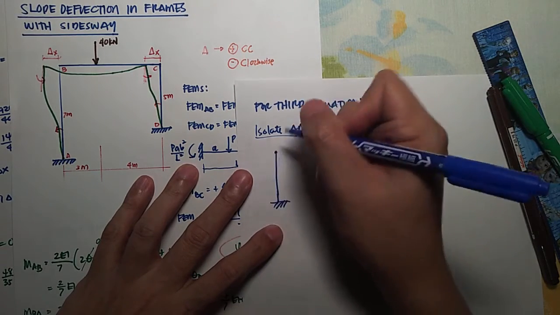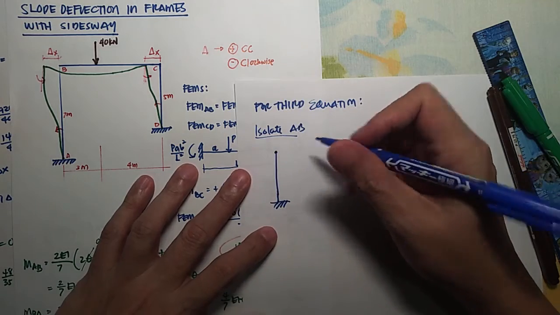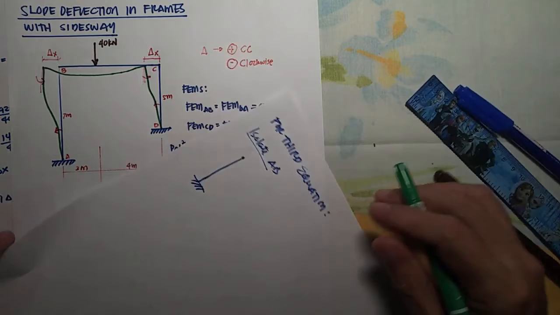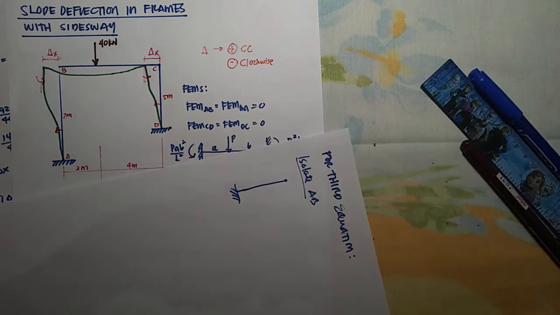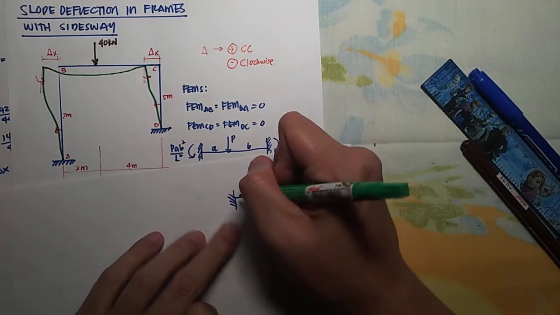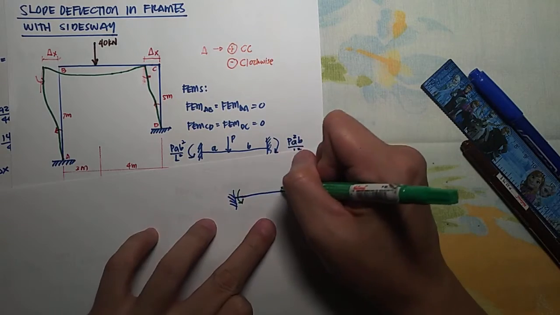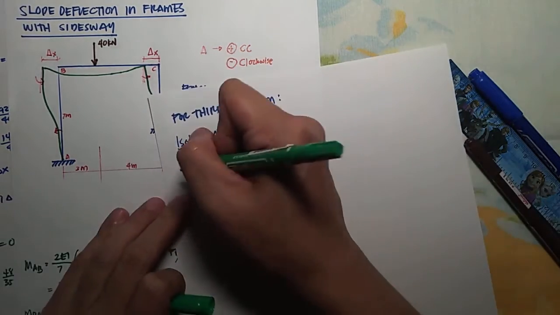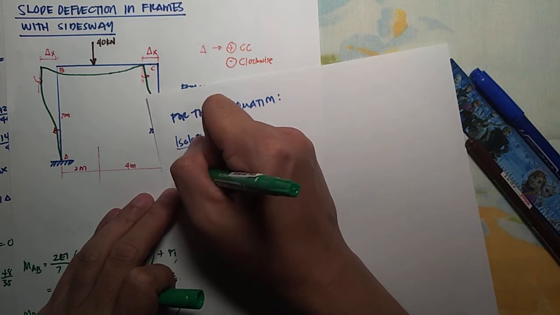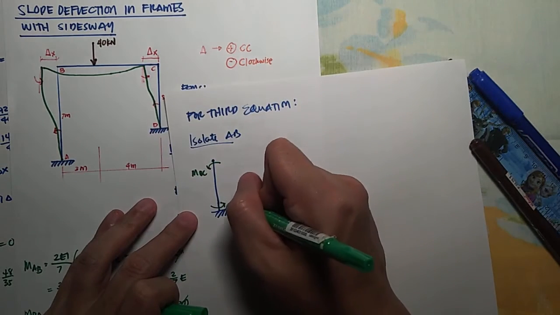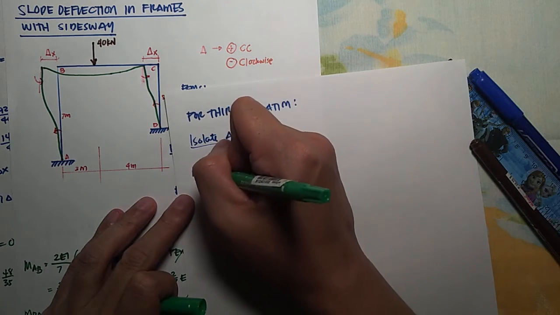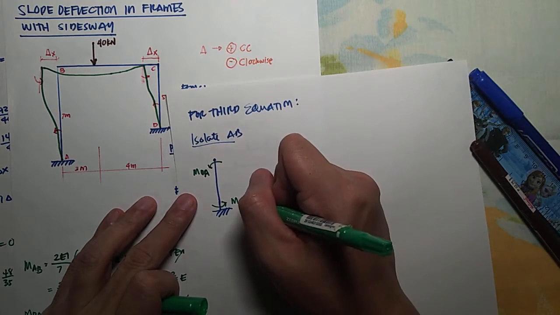So this joint, so we have, okay, so we have here the moment on BC, while this one is the moment, sorry, on BA, sorry, this is on BA, this is moment on AB.